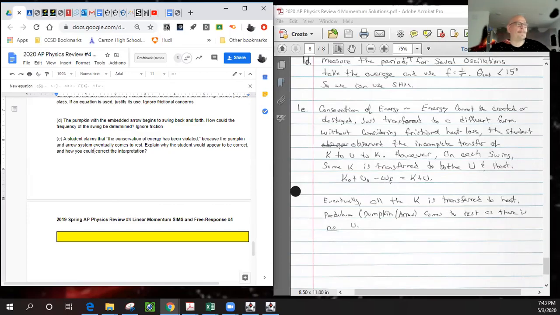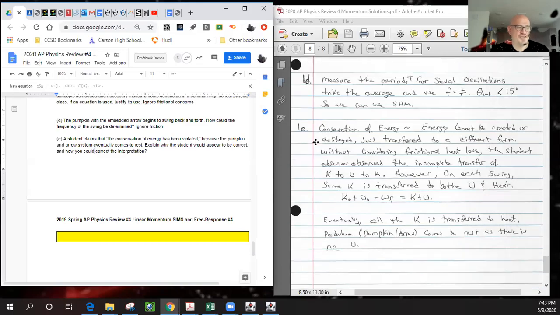All right, so E here, conservation of energy. Energy cannot be created or destroyed, just transferred to a different form. Without considering frictional heat loss, the student observed the incomplete transfer of potential to kinetic, kinetic to potential, potential back to kinetic.